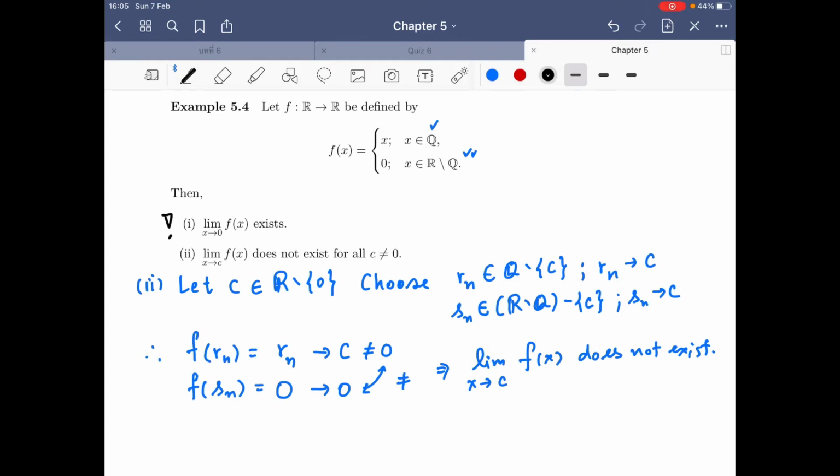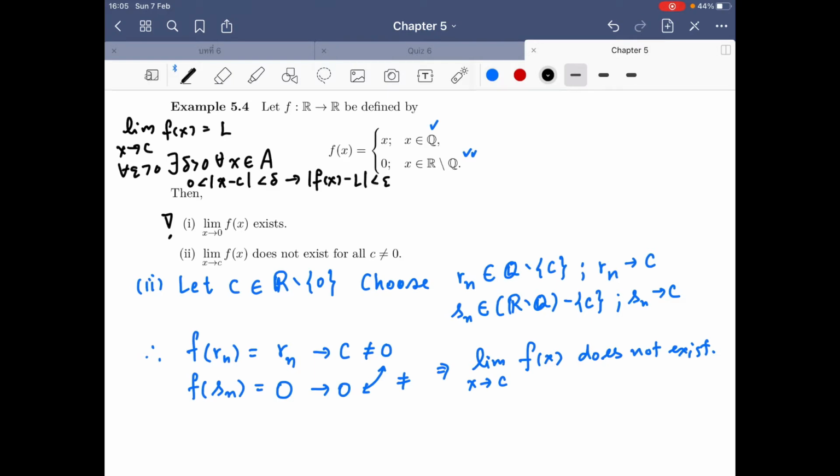Remember the definition: the limit as x goes to c of f of x equals L means that for every epsilon there will be a delta such that for x inside the domain, if the distance between x and c is less than delta, then the distance between f of x and L will be less than epsilon. So let us do it this way.